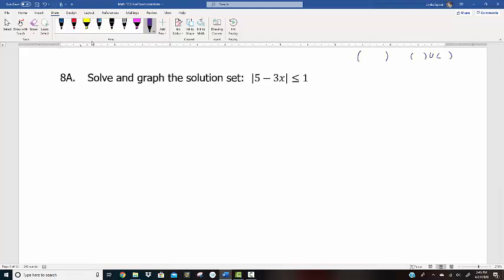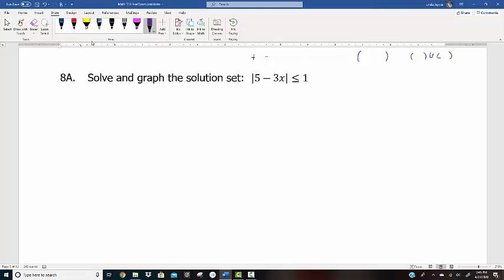Now, remember, inequalities have positive and negative possibilities because we don't know inside an absolute value whether the answer would be positive or negative, because it's going to come out differently.